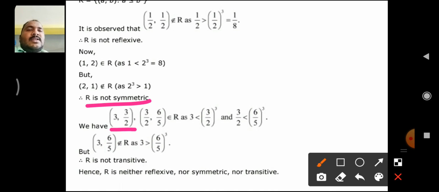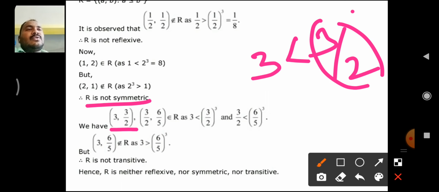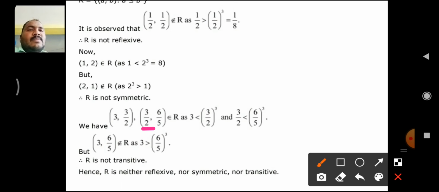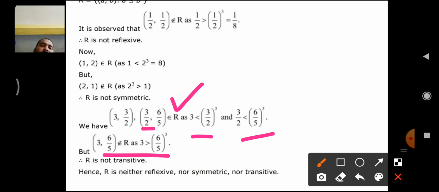Similarly, check transitivity. Here (3, 3/2) belongs to R because 3 is less than (3/2) cube. Next, (3/2, 6/5) also belongs to R. But (3, 6/5) does not belong to R as 3 is greater than (6/5) cube.